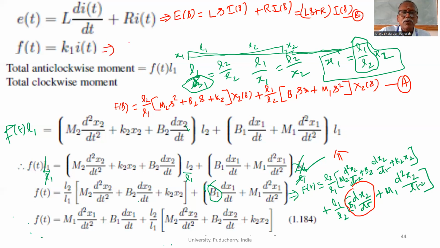Here, if you take the Laplace transform, you will get f of s equal to k1 I of s. From B, you can substitute I of s.